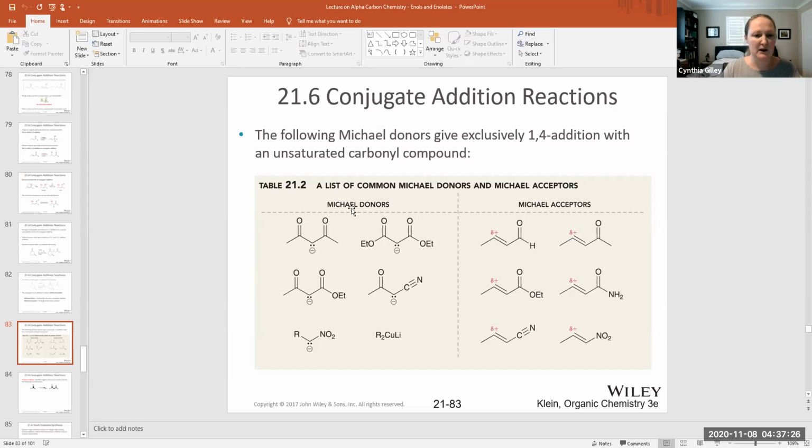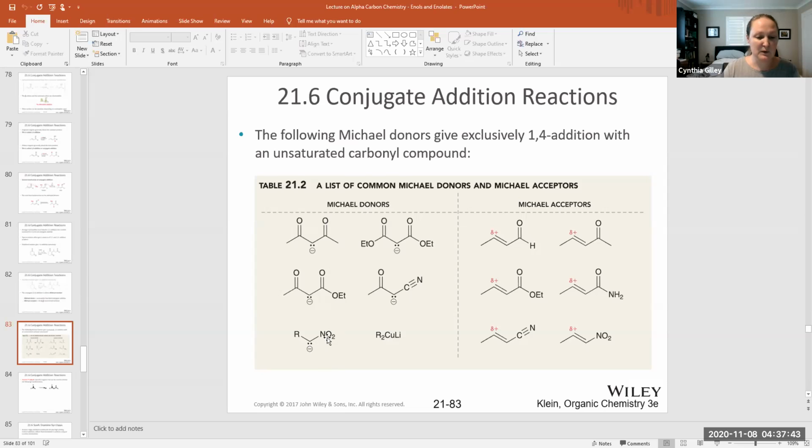There's a table in your book that talks about a list of common Michael donors and Michael acceptors. So remember, we noted that Michael donors are weaker nucleophiles. So for example, anything that's doubly stabilized in terms of an enolate would be considered a Michael donor because it's a much weaker nucleophile.